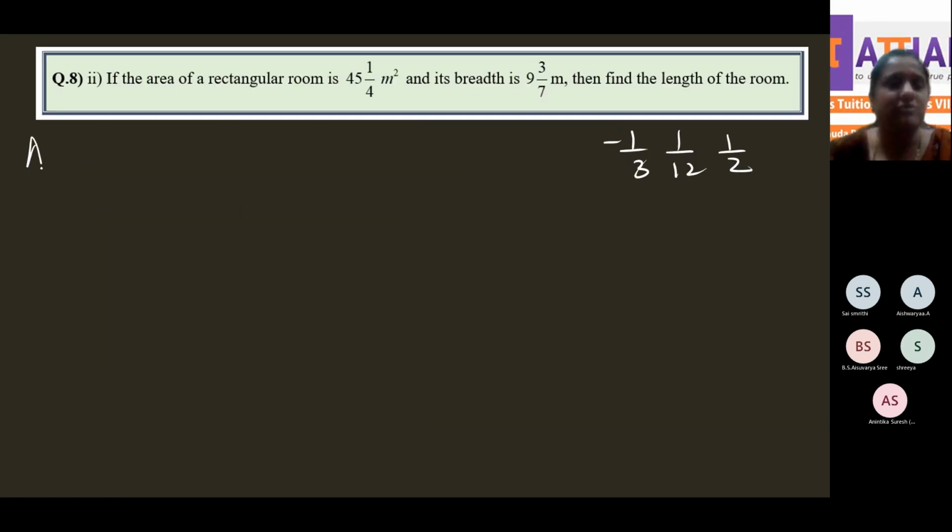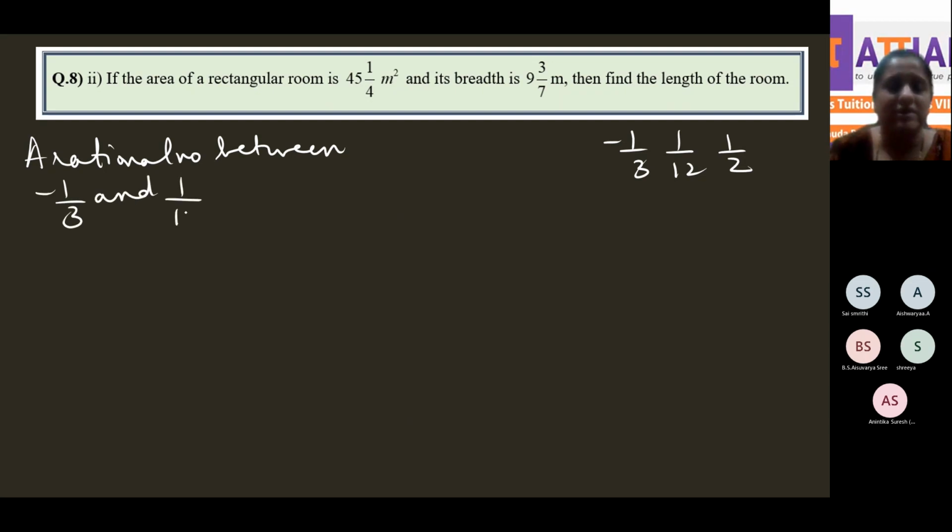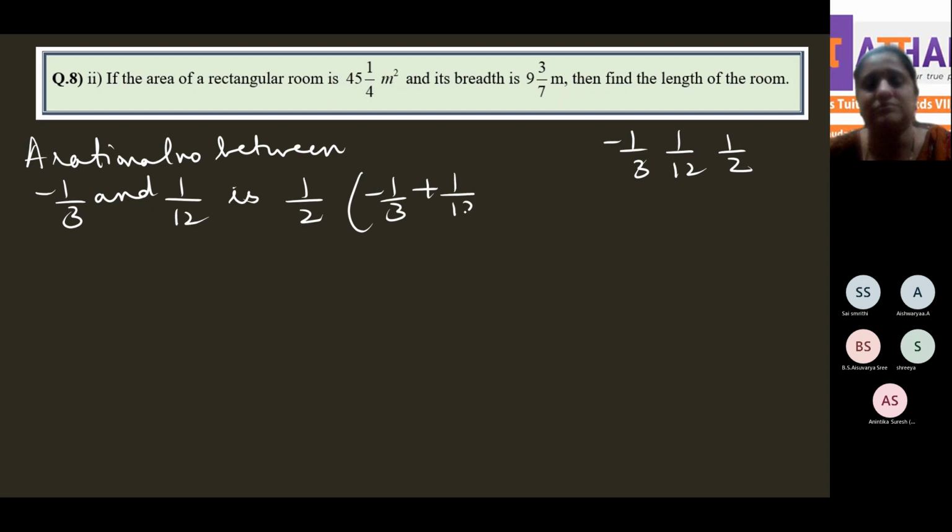So a rational number between minus 1 by 3 and 1 by 12 is half of their sum. Half of... LCM is 12. So into 4, into 4.